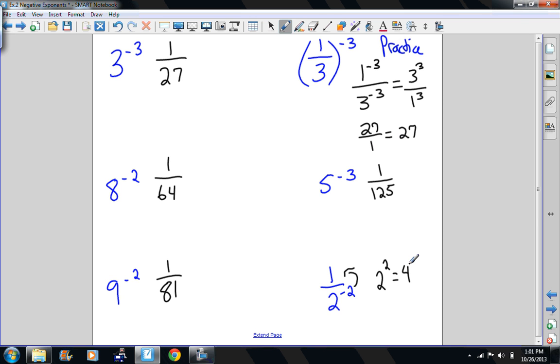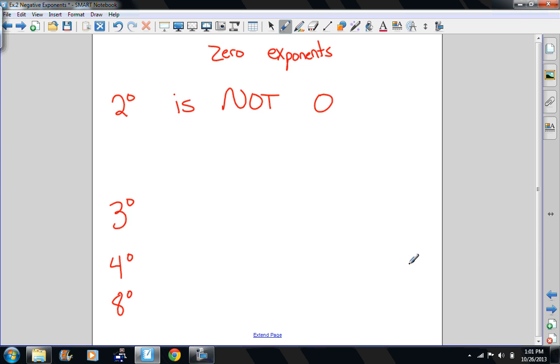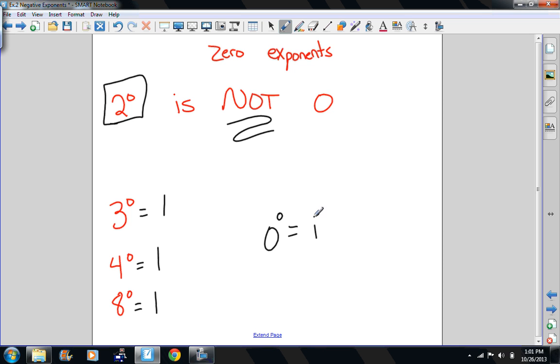Now, I said we'd talk about the zero exponent, and that's where we're at right now. If we have the number 2 to the 0, that is not 0. Okay? What happens is anything raised to the 0 power besides 0 is going to be 1. Anything raised to the 0 power will be 1, except for 0 raised to the 0, which is undefined. So if you ever get that problem, that one can't be done.